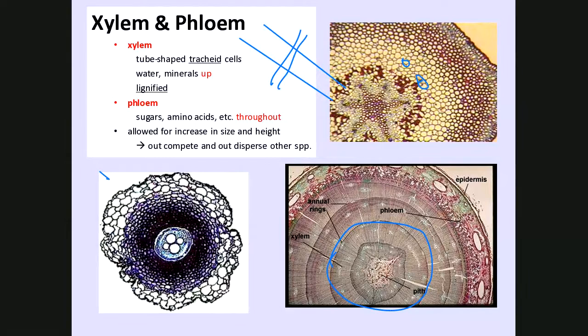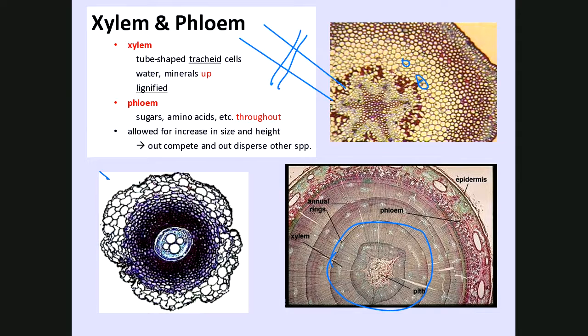If you think about it, if you can now grow taller, you can outcompete other species for another reason: you can shade them out. And getting taller also allows you to disperse your spores further and your seeds further because you're up higher. If you think about that little moss down there, when they're dispersing their spores, you're limited to just a few inches off the ground.